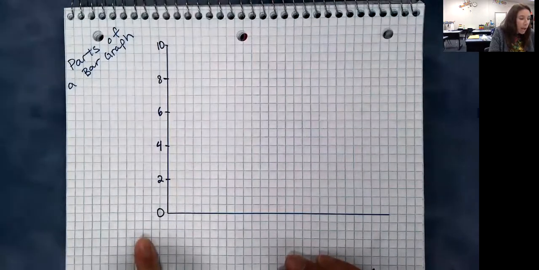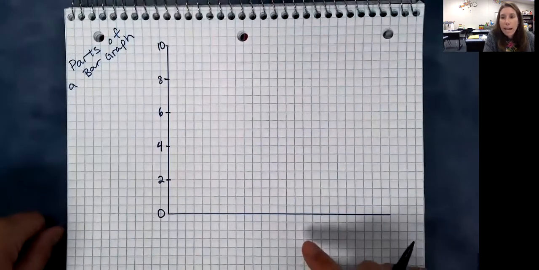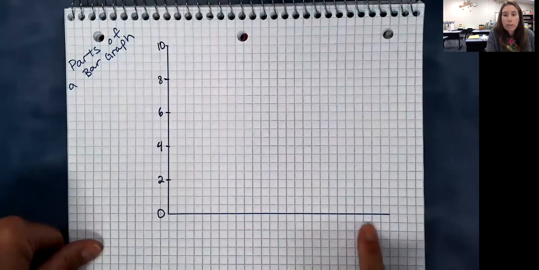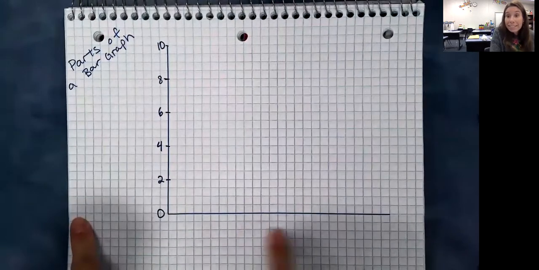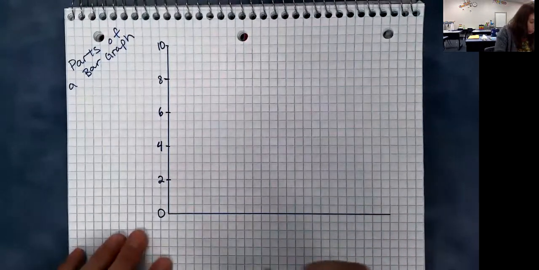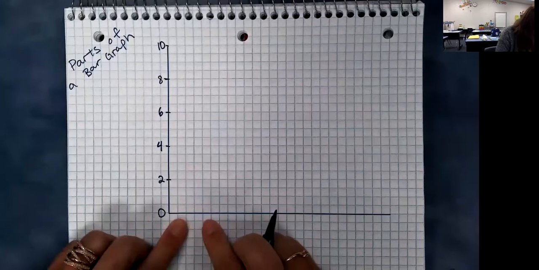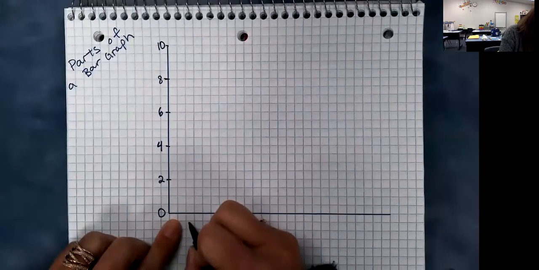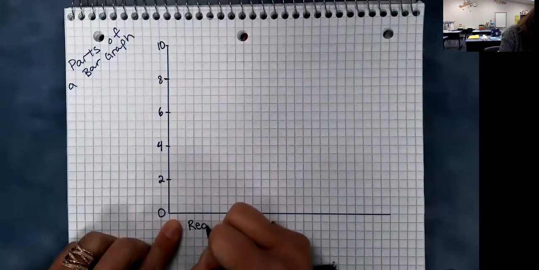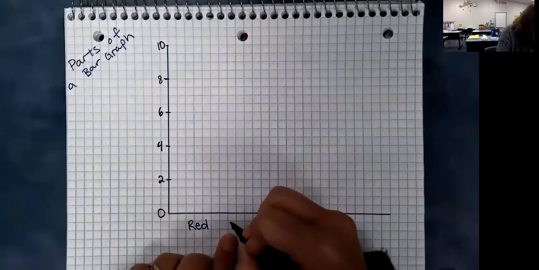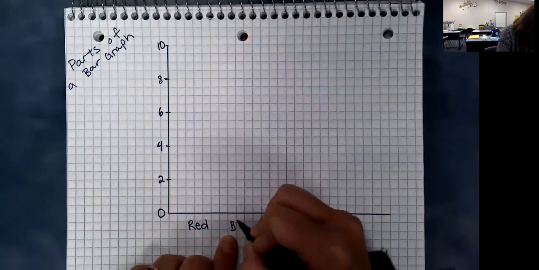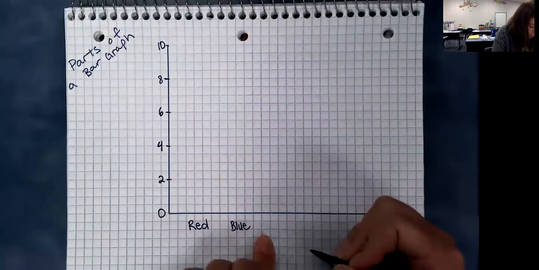All right, so now I need to write in my categories, which will go down here on the X axis. Okay, so let's see, I know I had red and blue.